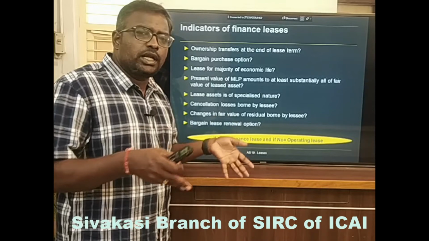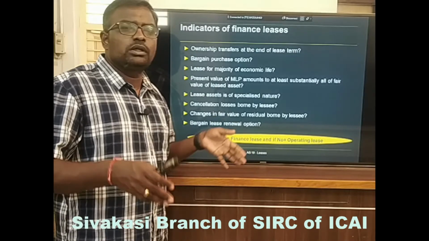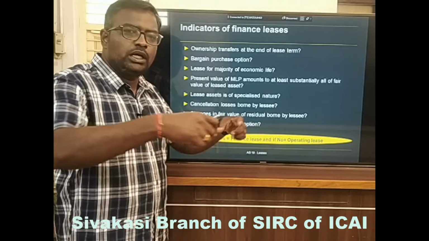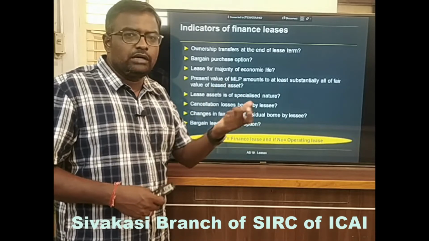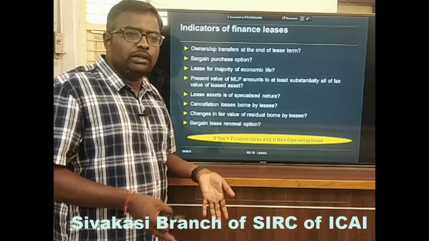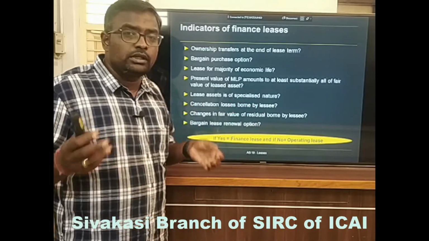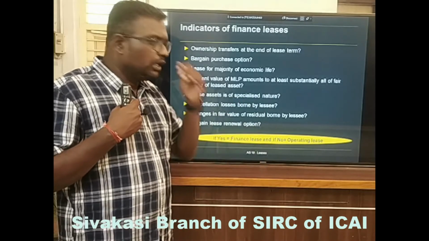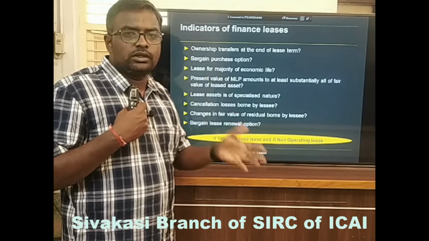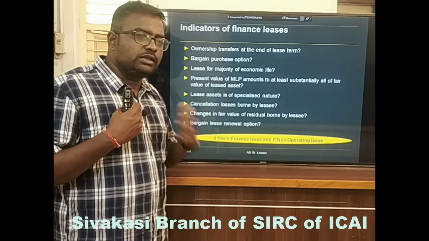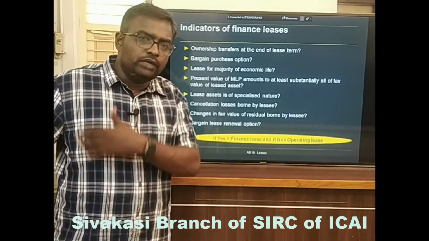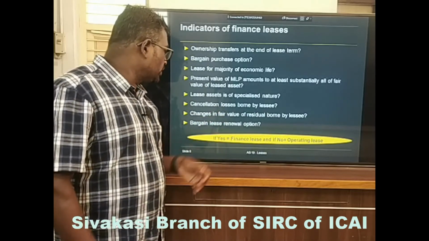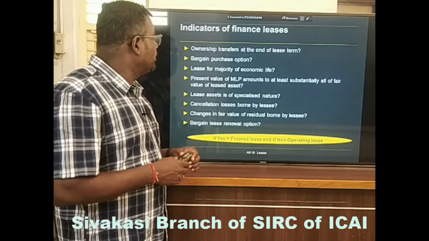Those trays are very particular to Apple, the back covers. You can keep only the Apple back cover, you can't keep anything else. So those assets are very specific to the vendor or the customer. With those specific designs, I can't rent it to anyone else. So in those cases we have to consider it a finance lease.